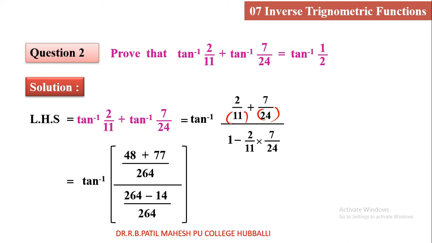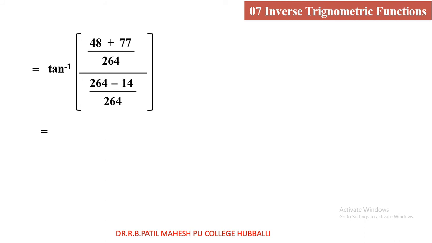So you are going to have tan inverse of, the numerator will be 125. Here 264 and 264 get cancelled. So 48 plus 77 is 125. 264 minus 14 is 250. Then 125 upon 250, 125 ones are 125, twos are 250. Therefore tan inverse of 1 by 2 we are going to get, and it is your RHS.